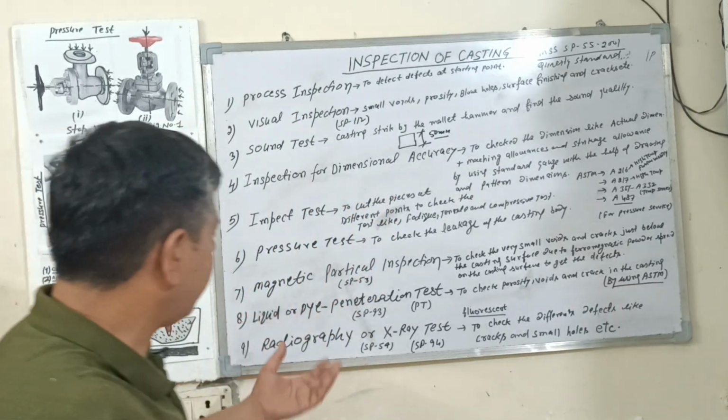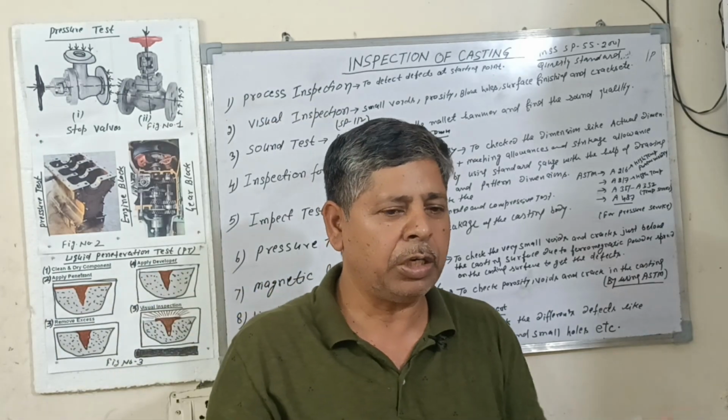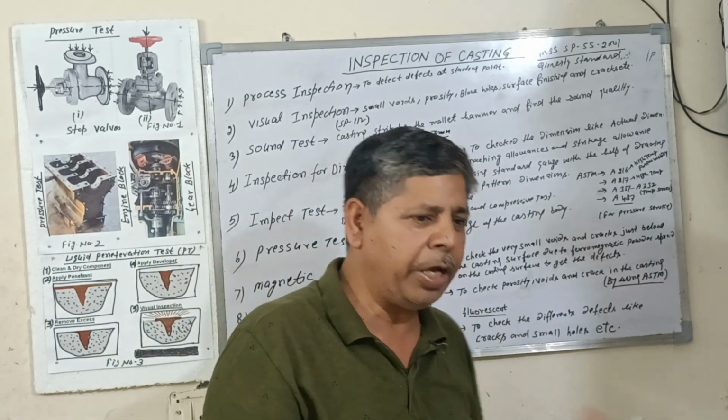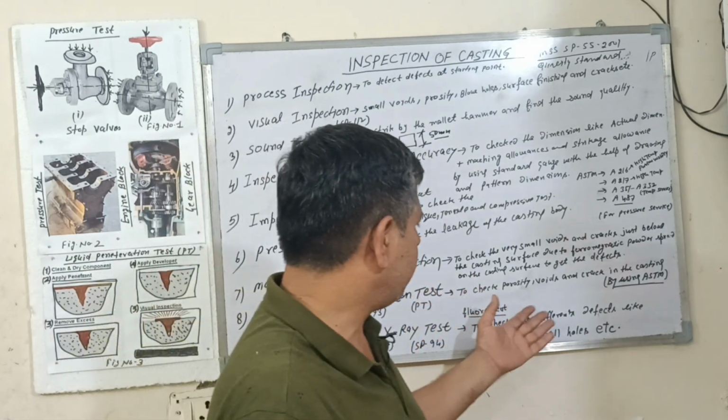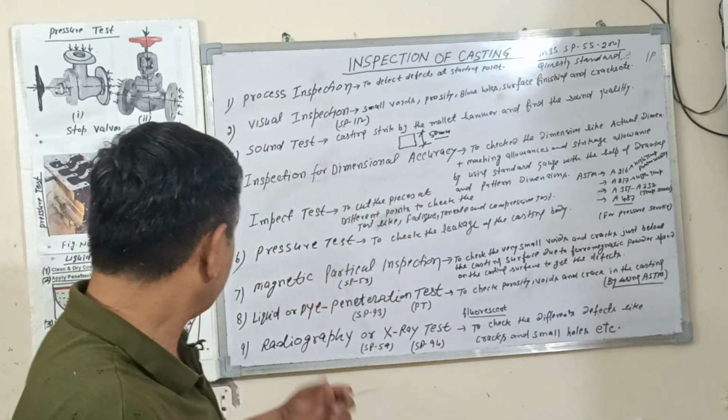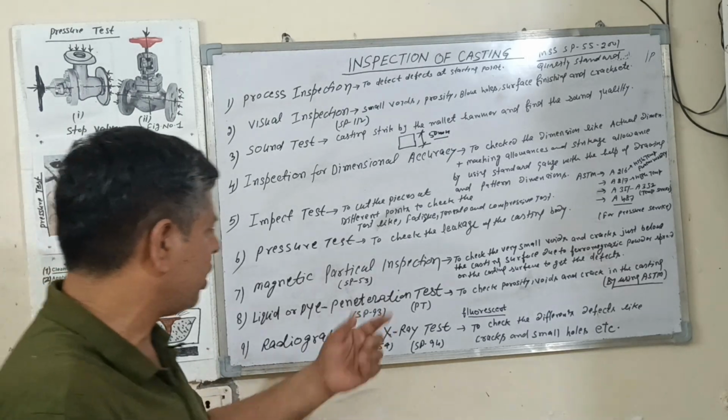The liquid test is used for all alloys and other materials to check different types of porosity, voids and cracks in the casting. 9 is radiography or X-ray test.